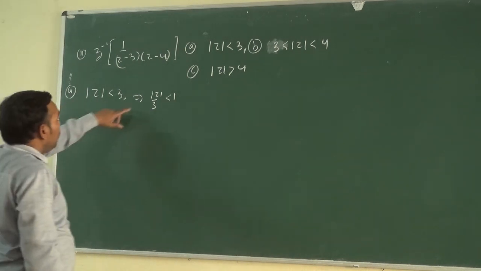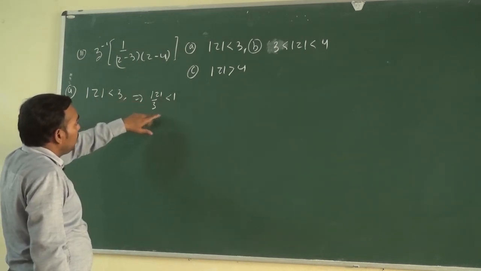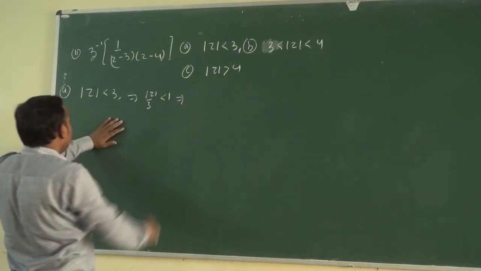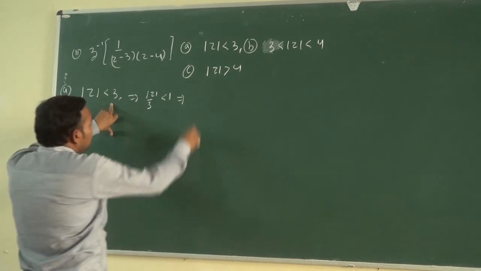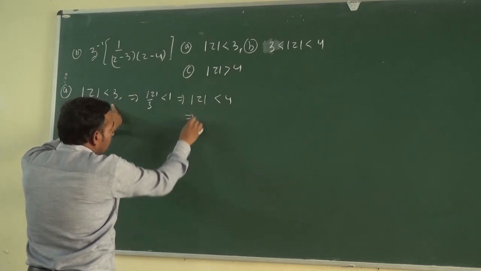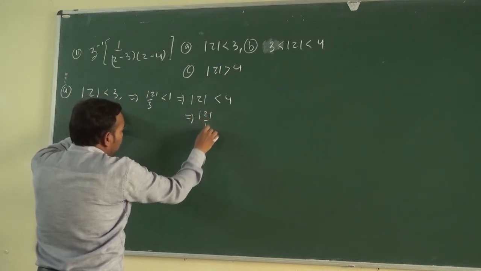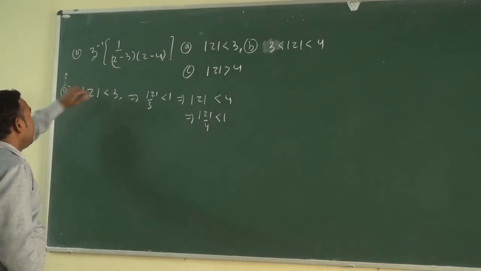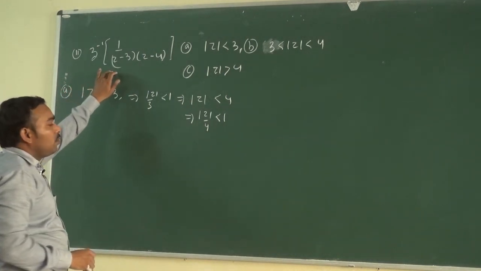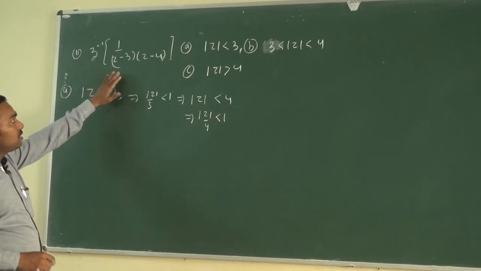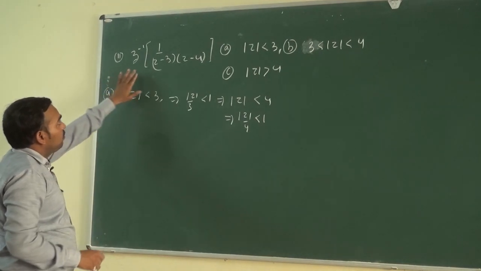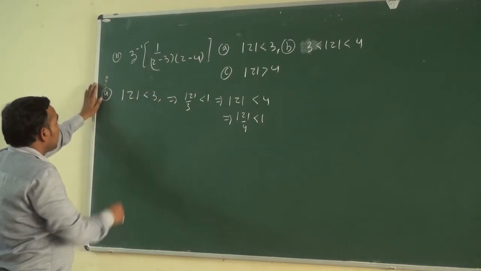as you see here, mod z upon 3 less than 1. Then similarly, if mod z less than 3, we can say mod z less than 4, which implies that mod z upon 4 less than 1. So for finding the inverse z transform of this problem, first convert into partial fractions. I explained this in the previous lecture.